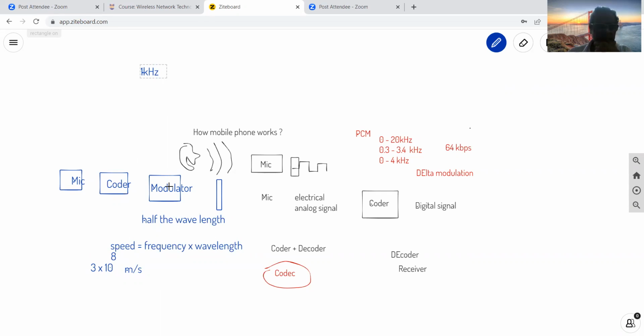Frequency should be put in hertz, not kilohertz, into wavelength. Then wavelength is equal to speed divided by frequency. It will come in meters.